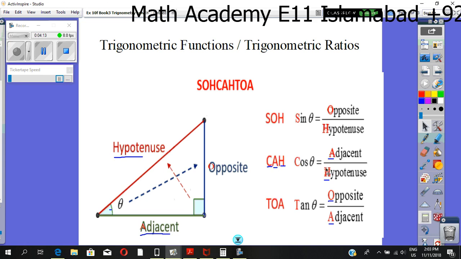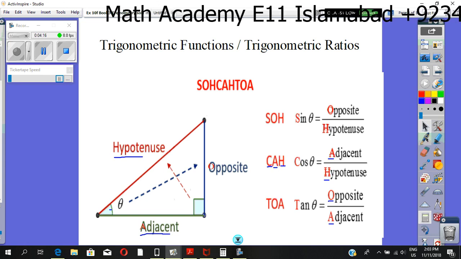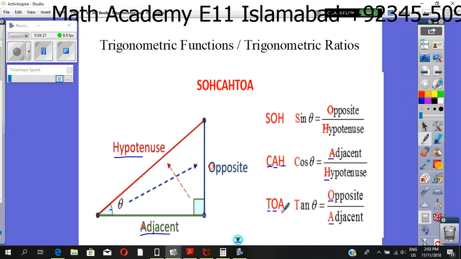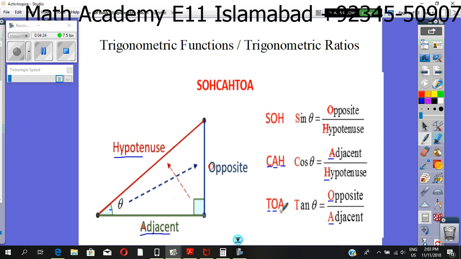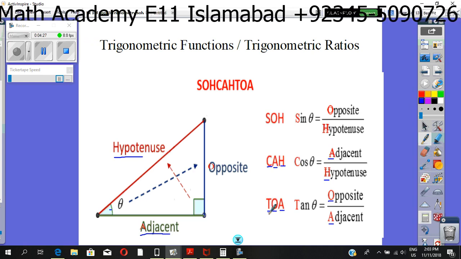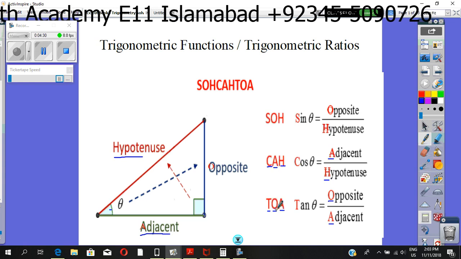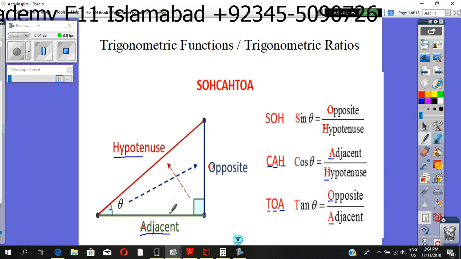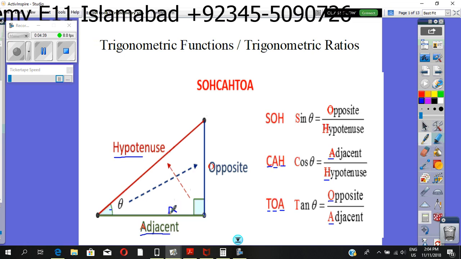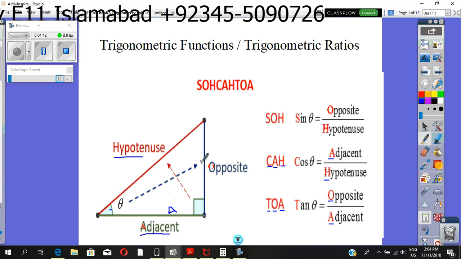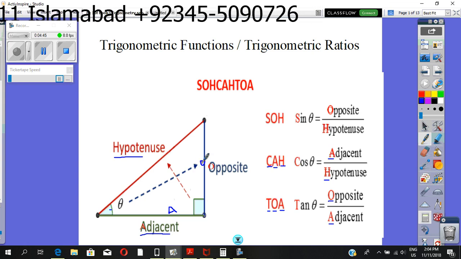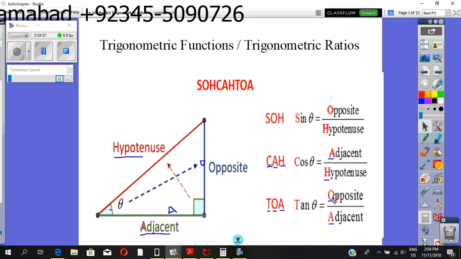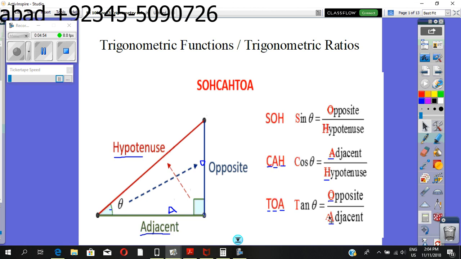Okay. Then the third ratio, that is TOA, T-O-A. SOHCAHTOA, you can pronounce it just like this. T stands for tan theta, O for opposite, and A for adjacent. When we are supposed to find the ratio of tan theta, we need opposite and adjacent.